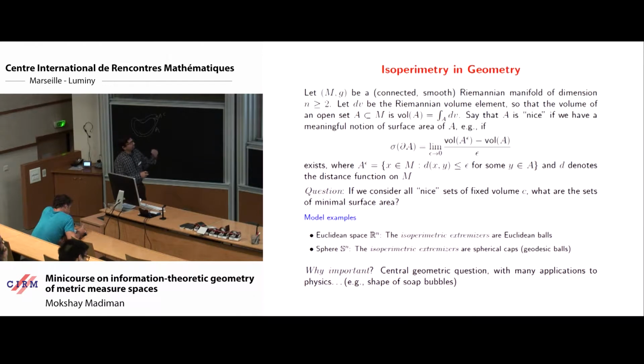As you expand the set, the rate at which the volume expands is a measure of surface area. So you can ask, if we consider all nice sets of fixed volume, what are the sets of minimal surface area?